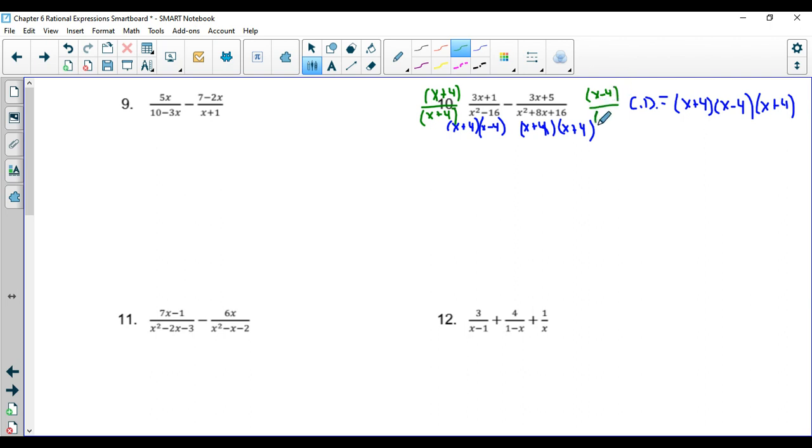So we're multiplying top and bottom by x minus 4. From there, we're going to make one fraction. So on the top, I'm going to have x plus 4 quantity squared times 3x plus 1. I have subtraction, so remember we always use brackets with subtraction. 3x plus 5 times the quantity of x minus 4.